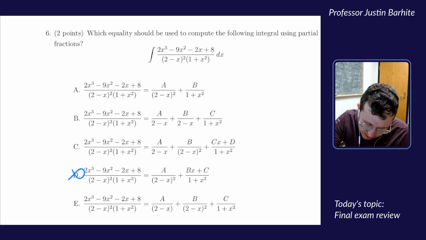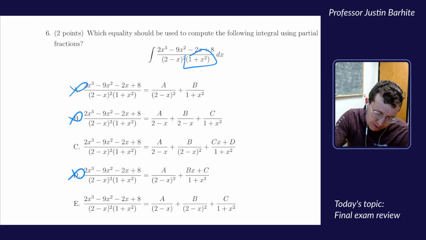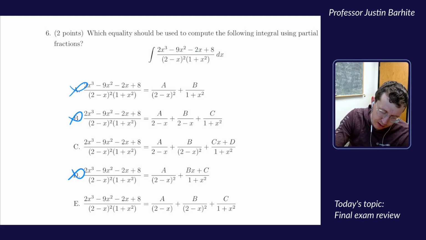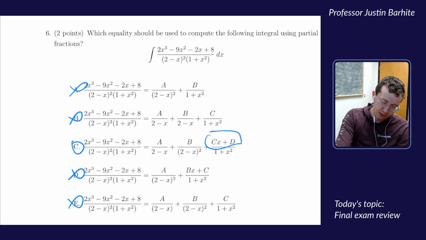So I don't see that in options A, B, or D. I only see that in C and E. And then for this 1 plus x squared, the numerator does need to be a linear term. So option C is correct.